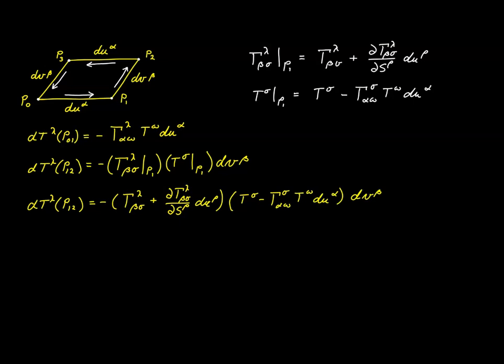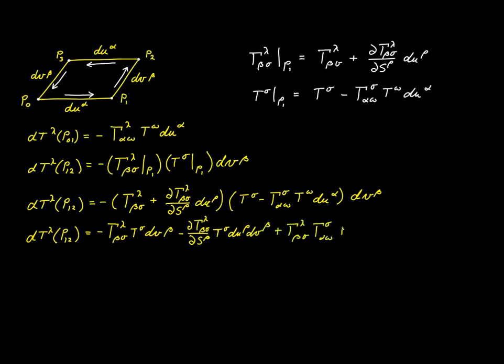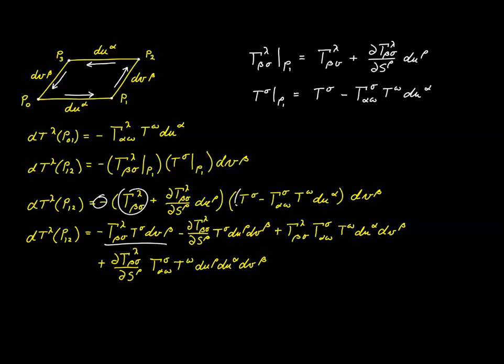Next, we'll use the distributive property and expand everything out to individual terms. For this first term, we simply took the negative of this factor times this one times this.